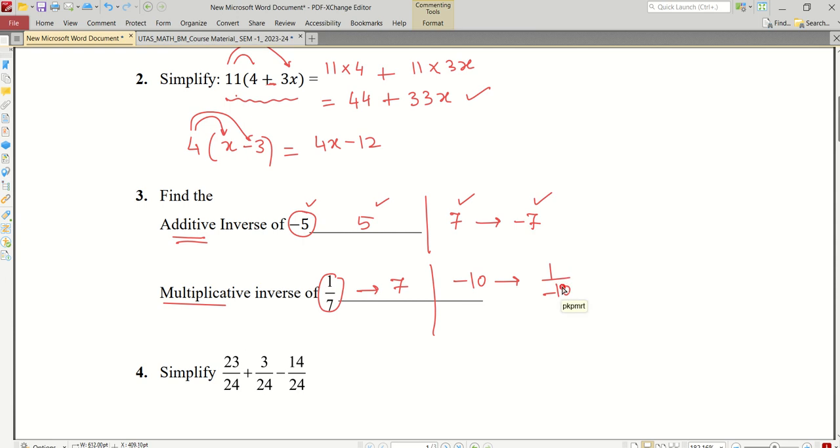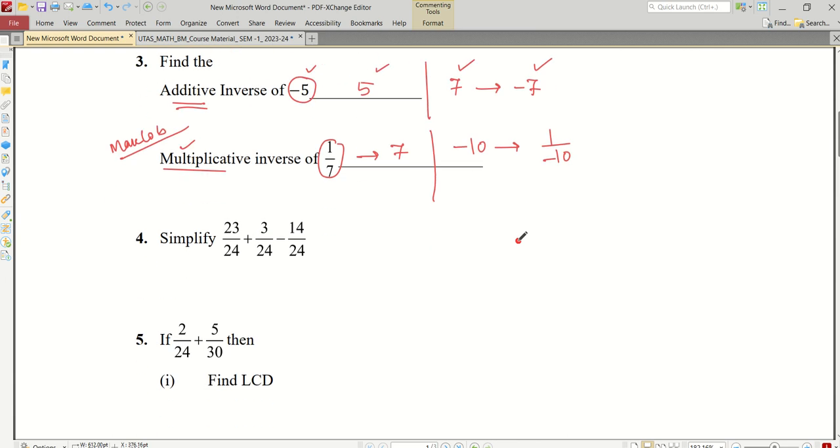Class, this is the answer. But remember, what do you need to remember? Here, additive inverse means changing the sign. Here, multiplicative inverse means we are taking the reciprocal. Please remember, multiplicative inverse means reciprocal.